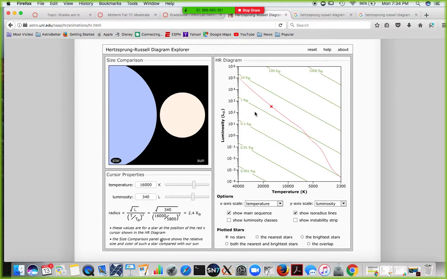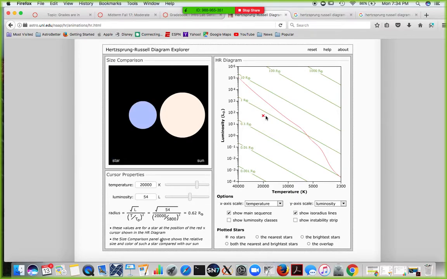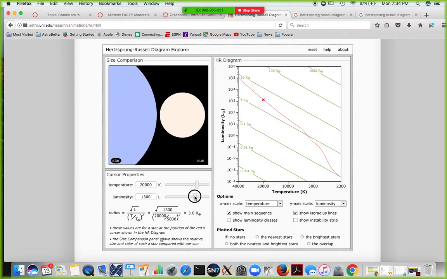So a star that is a main sequence star, let's say, with 1,000 times the solar luminosity is going to be, in comparison with the Sun, that much bigger, right? And this is 1 solar radius, 10 solar radii.